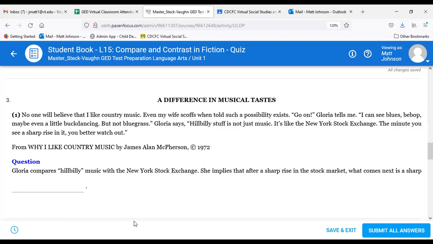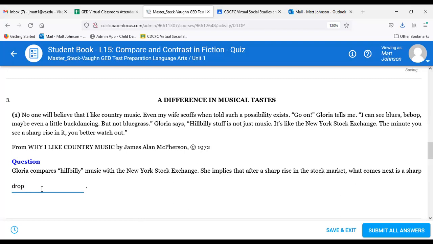It's making a comparison between a sharp rise and then, what would the opposite be of a sharp rise? Yeah, fall or drop. I think drop is probably going to work here.